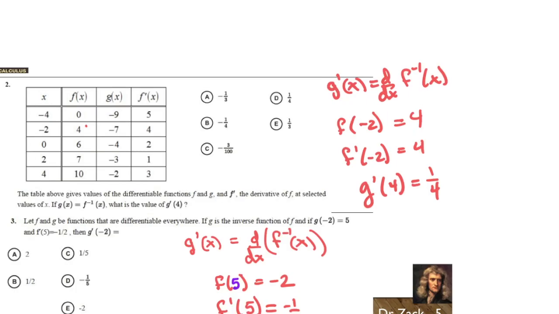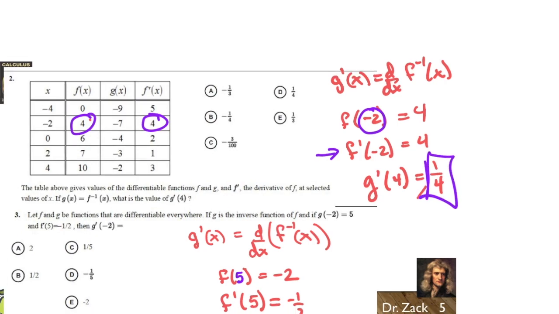So we know that g prime of x is the derivative of the inverse of f. We also know that f of negative 2 is equal to 4. So f prime of negative 2 also happens to be 4. So the derivative of g at 4 must be the reciprocal, or 1/4.